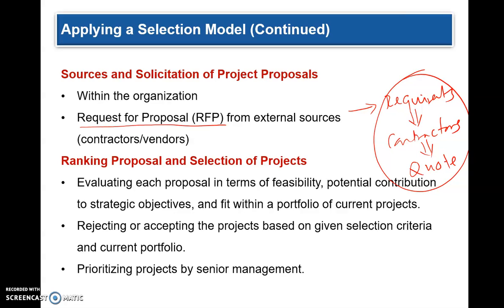And based on the selection models that you have chosen, you can select by ranking those proposals. How do you rank them? You can rank them in terms of feasibility, whether this project can be done, in terms of potential contribution to strategic objectives, whether this project aligns with the company's strategy, whether it gives you positive contributions, and also whether it is a fit within your company.